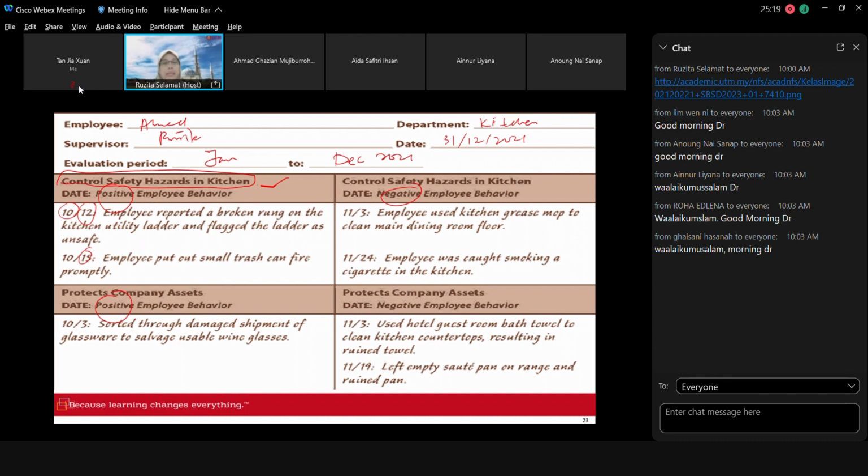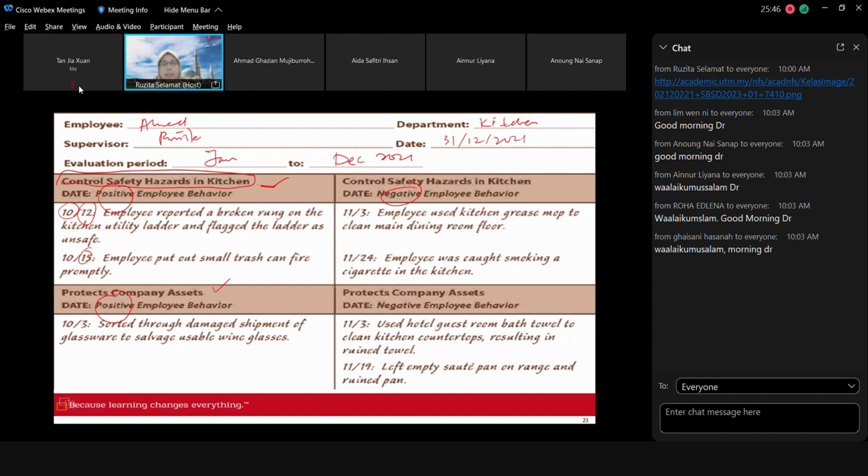Okay, and then the second one, let's say protects company assets. What the employee does that reflects that he or she is helping the company to protect company assets. On 3rd October, sorted through a damaged shipment of glassware to salvage usable wine glasses. Right?